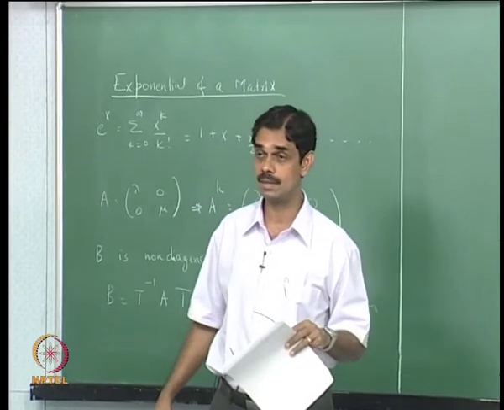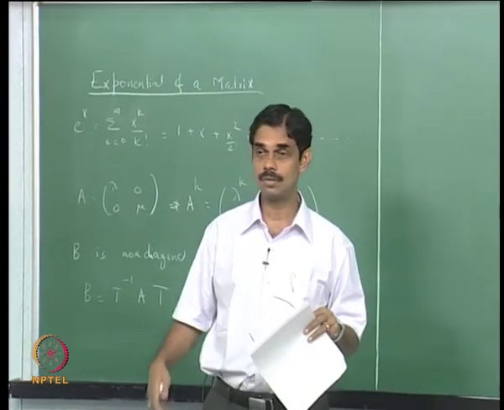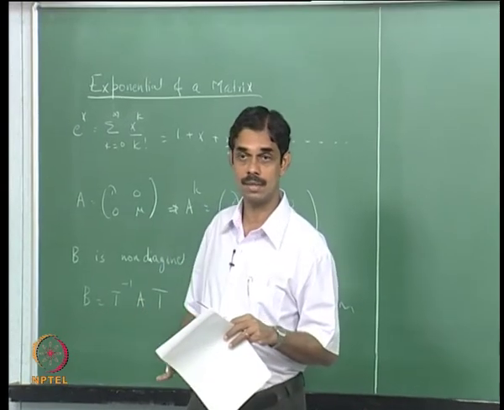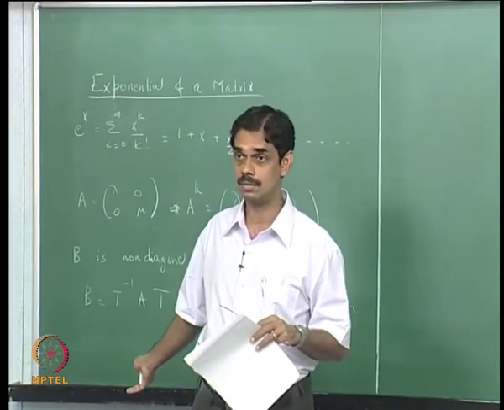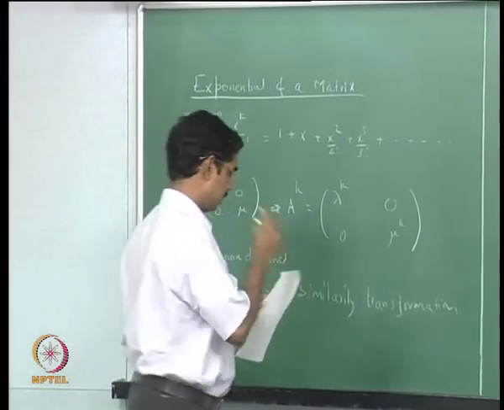How do you get the similarity? It converts the matrix into either an upper triangular or a lower triangular. So you look for the eigenvalues, and then you can calculate the similarity from the eigenvalues and the eigenvectors.